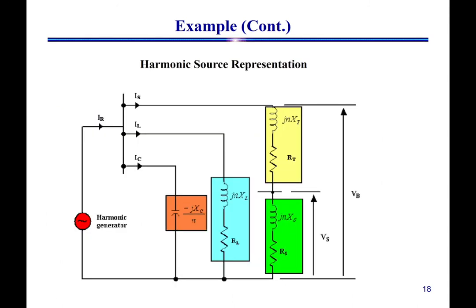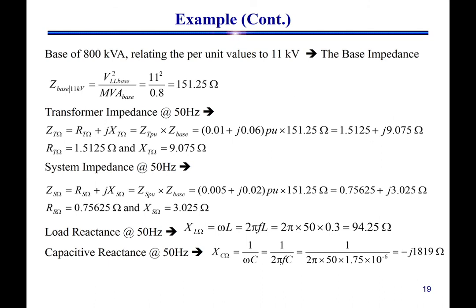Again, we will work on the low voltage side, so we need to find the base impedance on the low voltage side. Multiplying the per unit value by the base gives us the impedance of the transformer. The same goes for the source impedance: we multiply it by the base, which gives us the source impedance on the low voltage side.